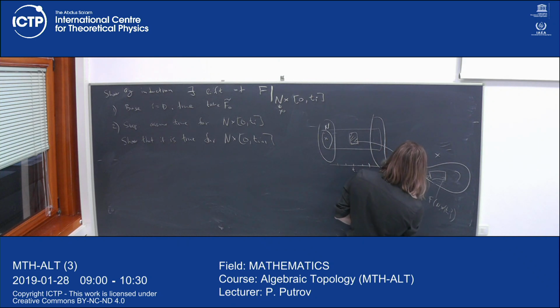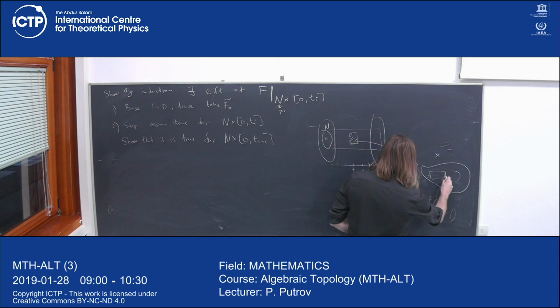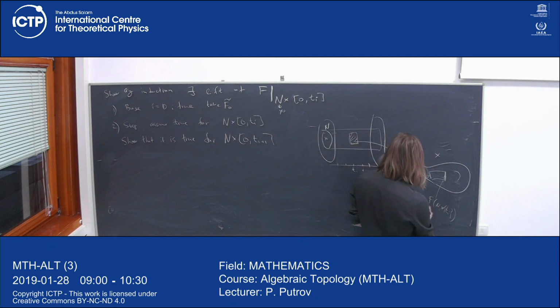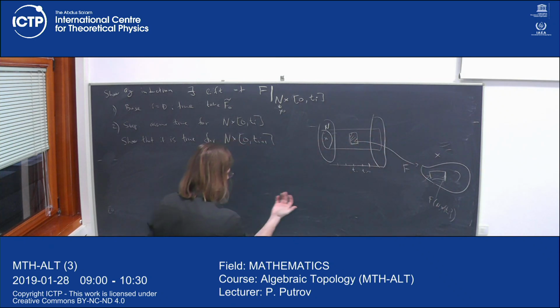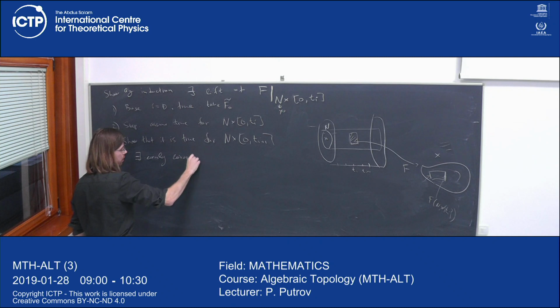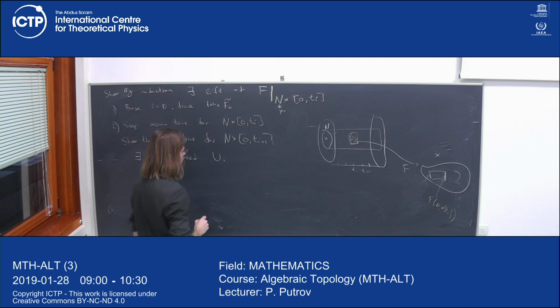Okay, I don't actually need this, and so now I want to use the fact that there exists, by the property which I used before, an evenly covered U_I.